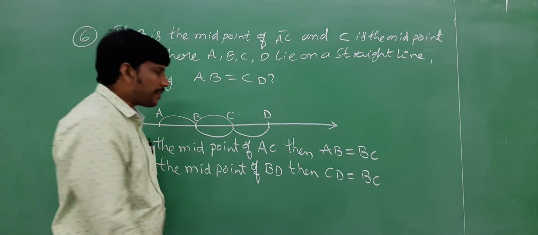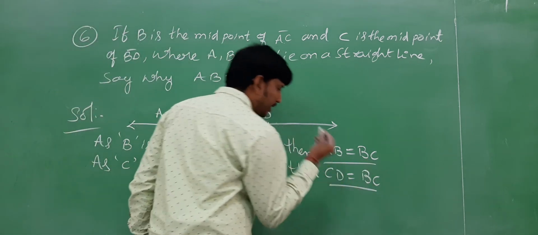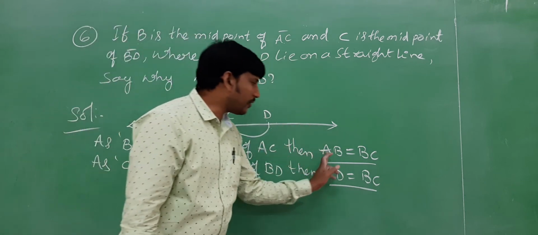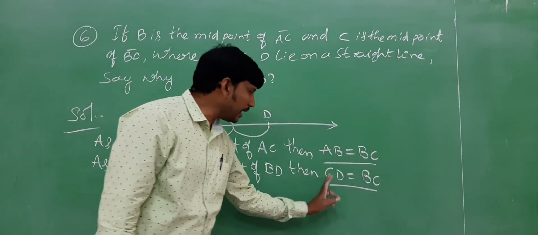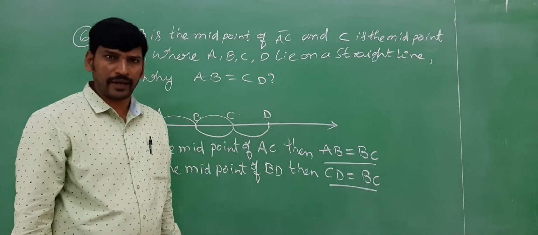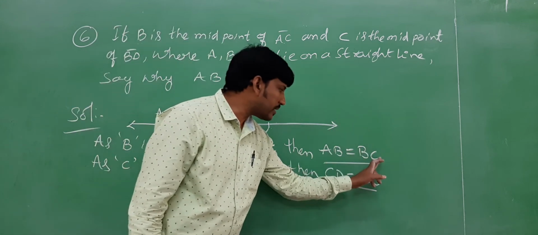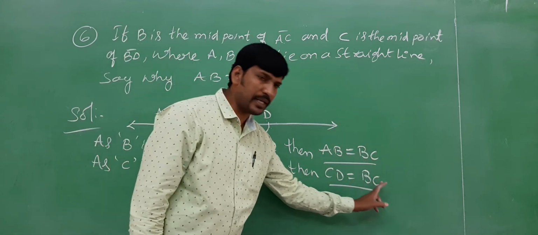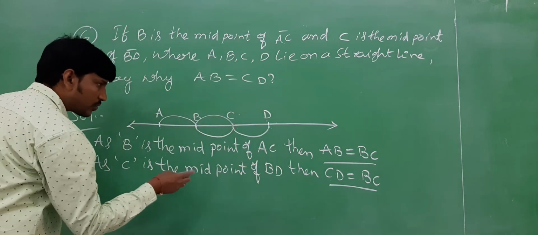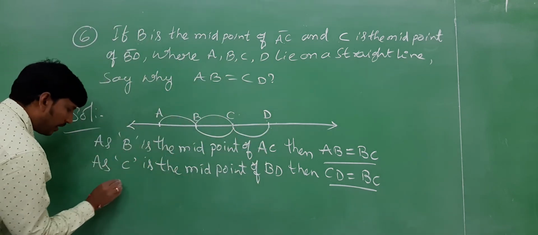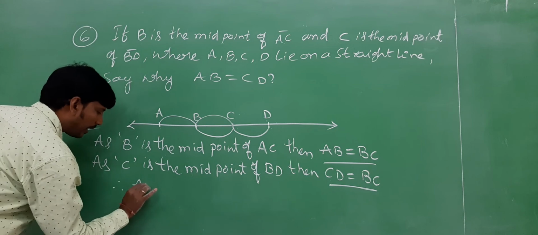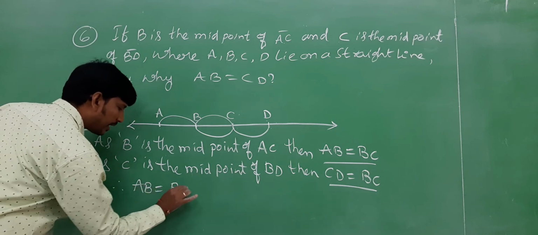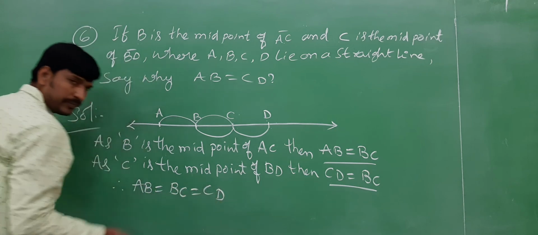Right? Now observe these 2 conditions. AB equal to BC and CD equal to BC. Clear? By using those 2 conditions, therefore, AB is equal to BC is equal to CD.